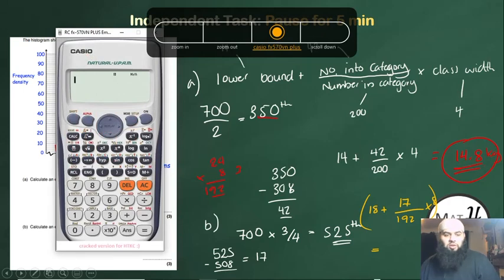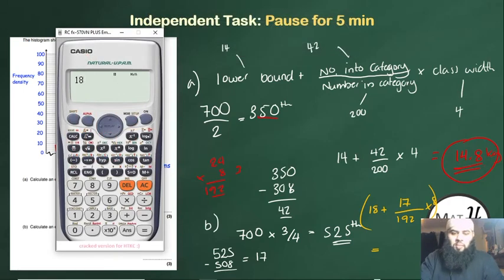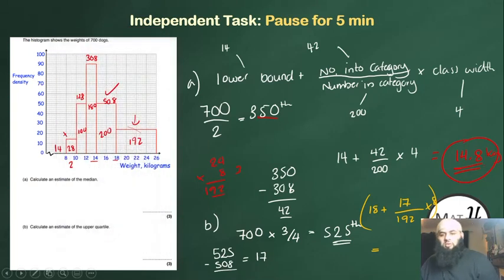So we have 18 plus brackets 17 over 192, and we times it by 8, close brackets, and that should be our upper quartile figure, which is 18.7. So the answer for question B is 18.7 kilograms as our upper quartile.